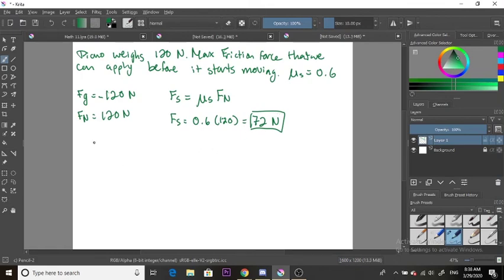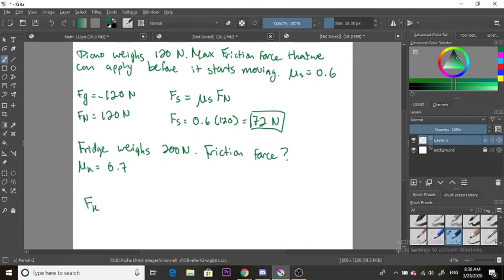All right, now let's try a different example. Let's say we're moving a fridge that weighs 200 newtons. We want to know what the friction force is, when we know that the mu of K, our coefficient of kinetic friction, is 0.7.